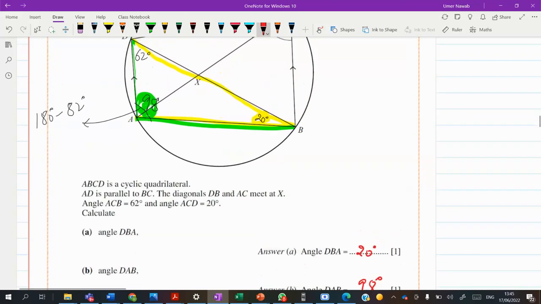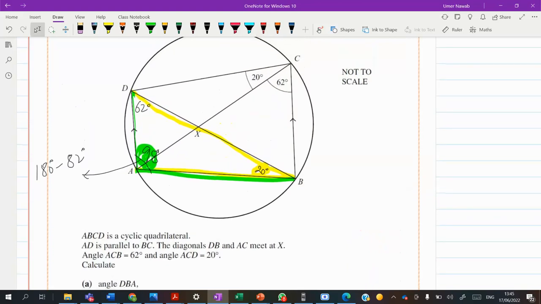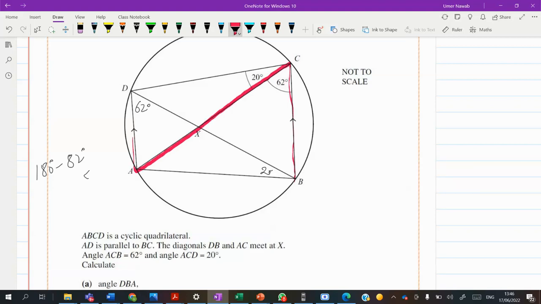Then DAC. This angle he is asking you. I need to use the parallel lines because still I didn't use it. Let me explain you how. This is 20. Guys, the Z concept. Look, this and this.